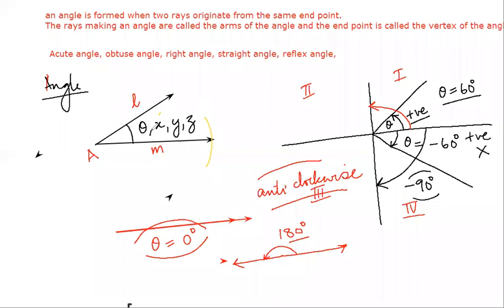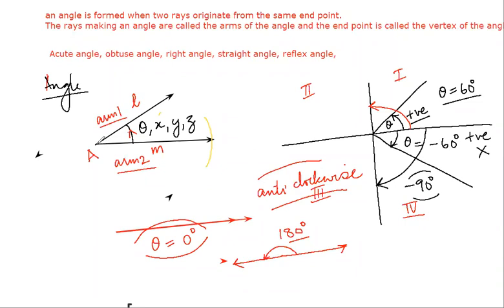So we have two rays, L and M. Rays making an angle are called arms of the angle. So this is arm 1 and this is arm 2. Between the arms, the angle is there, theta. The rays making an angle are called arms of the angle, and the end point is called the vertex of the angle.